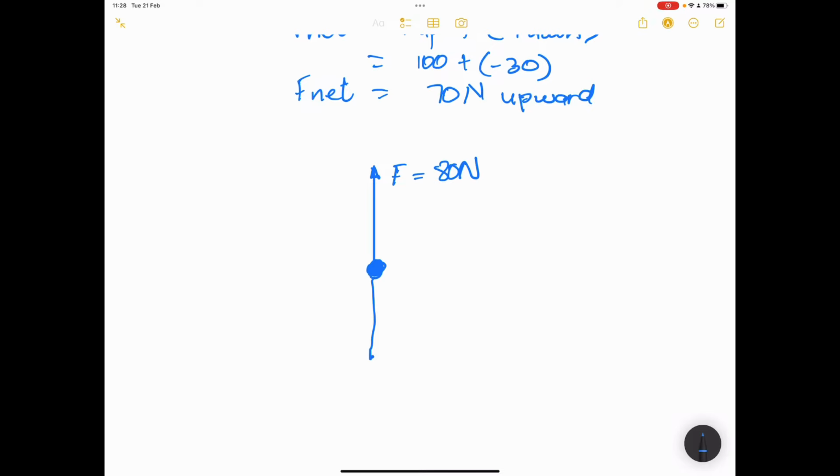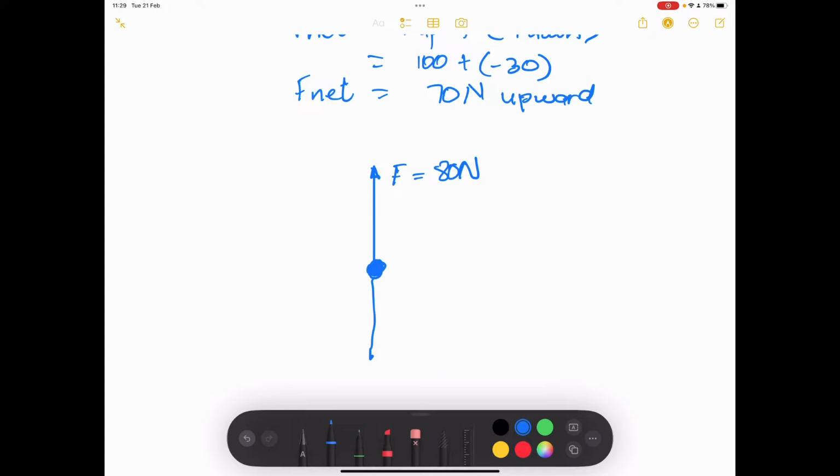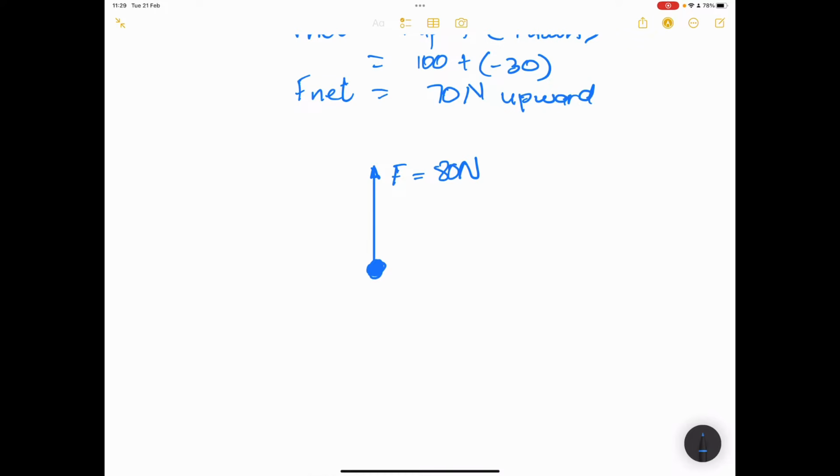For some reason this thing is just acting up on me. Okay, so here we are, we've got a force downwards. But if we said this force is 80 newtons as well, so what does that mean?